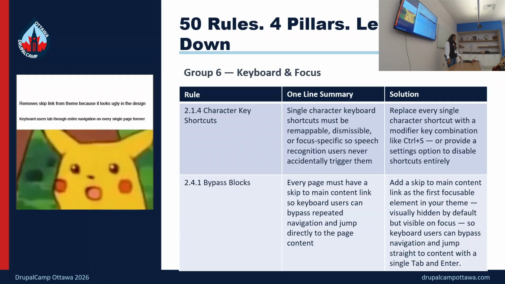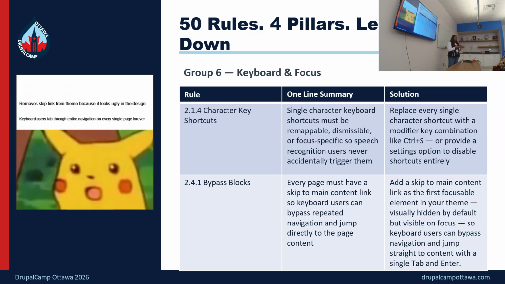Simple enough. Moving on to the next one, that is 2.4.1, bypass blocks. Again, this is another important rule that I see. Every page must have a skip link to main content so that the keyboard users can bypass the repeated blocks, like navigation, search bar, then logo from the page, so that they can just jump directly to their main page content.